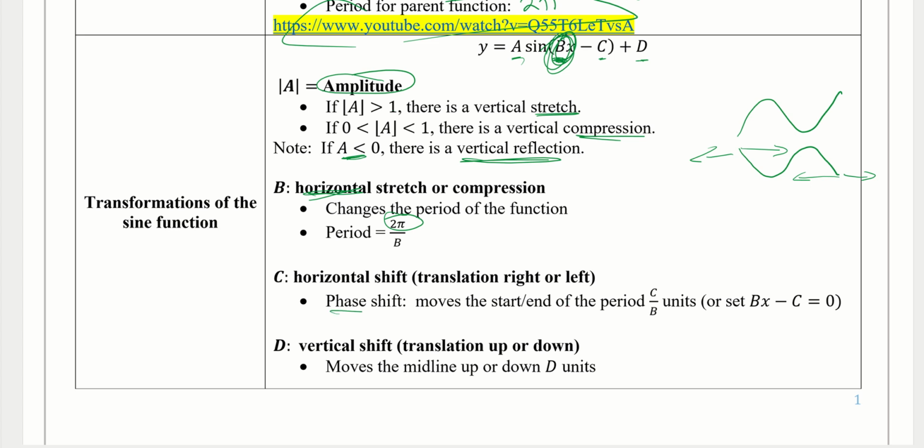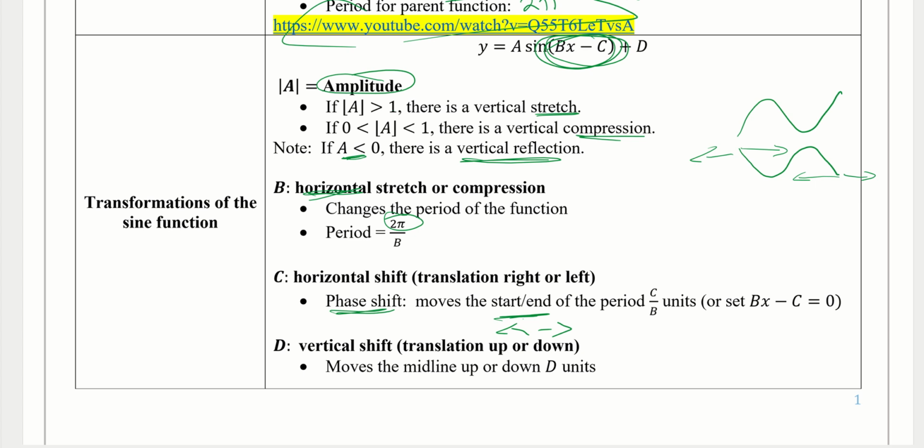And then phase shift. So phase shift, this is like the h value in HK, right? And this one moves the start to end. It's going to move it left or right, just like your h did. So what you do is you take, sorry for all this extra writing, the value that's inside the parentheses here, and you just solve it, aka set it equal to 0.